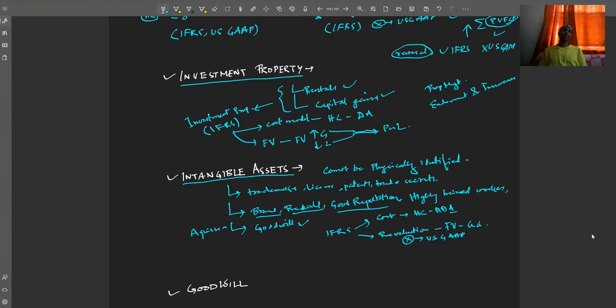Now, intangible assets can be of two kinds. One is of finite life. Let's say a medicine license. Let's say a company which makes specialized medicines has a license for a medicine that may last for, say, 20 years. So this intangible asset has been created for 20 years. After 20 years, this will expire.